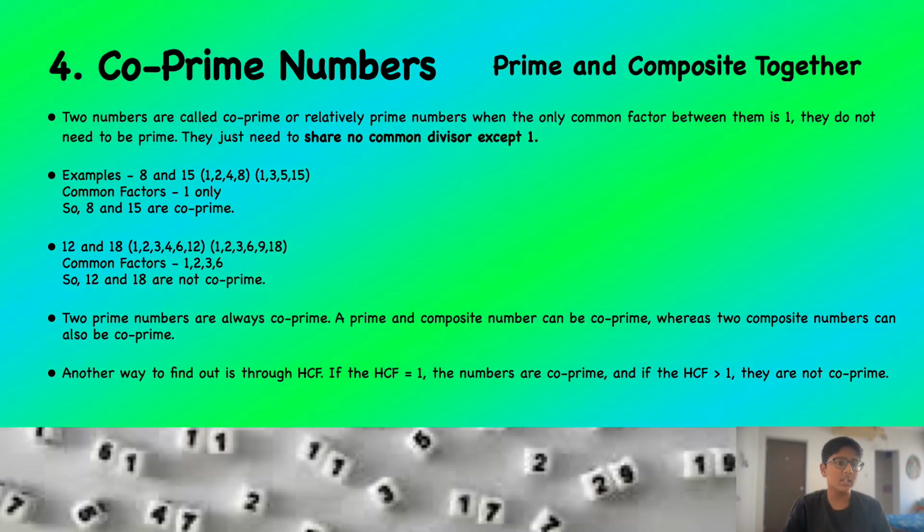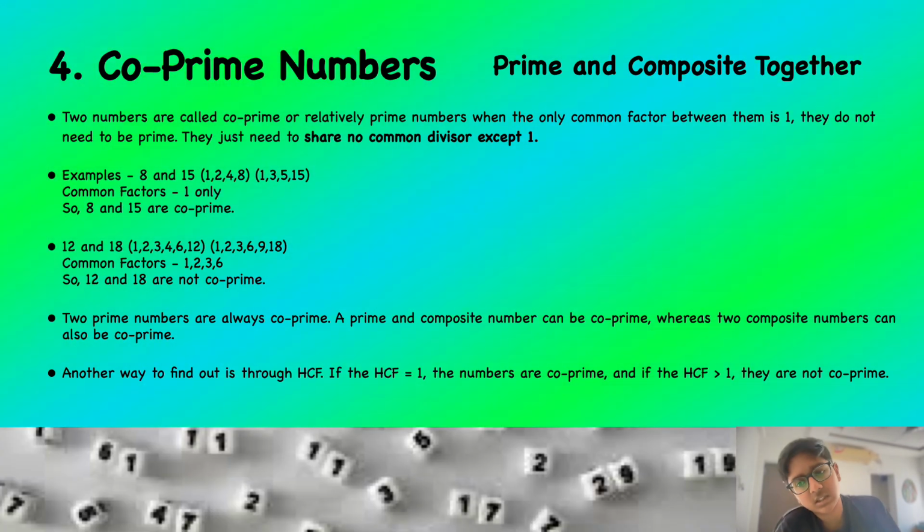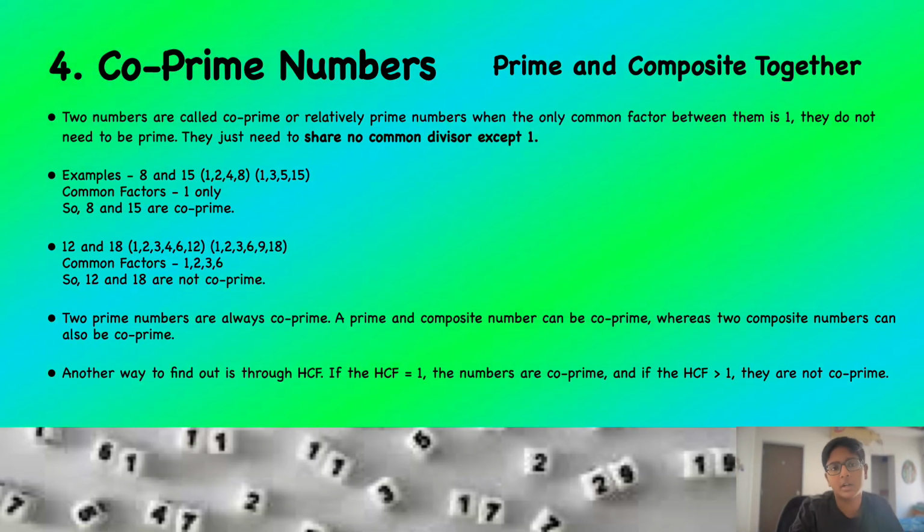Whereas 22 has 1, 2, 11 and 22. So here their common factor is only 1, so both of those numbers are co-prime. Here we have 8 and 15 also, where the common factor is only 1. So 8 and 15 are co-prime.